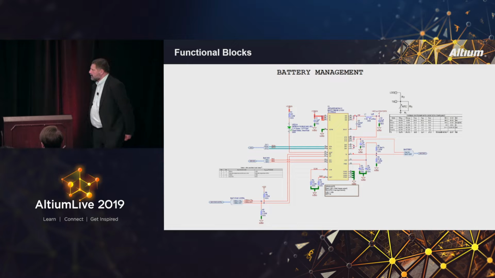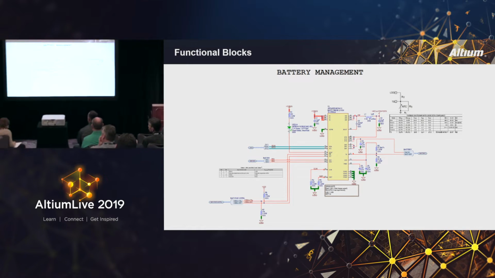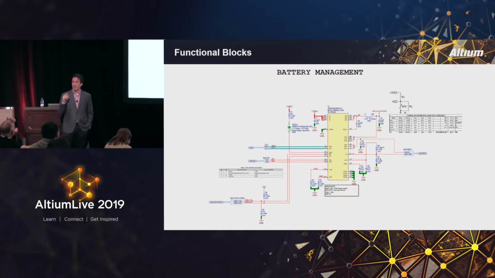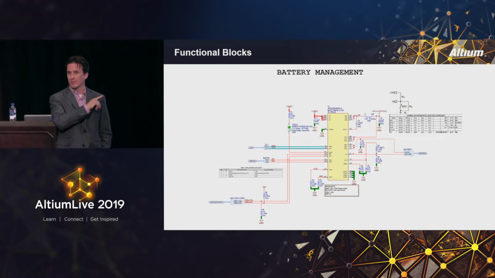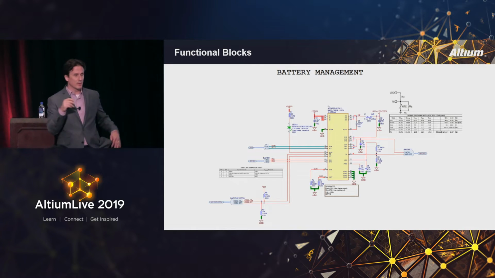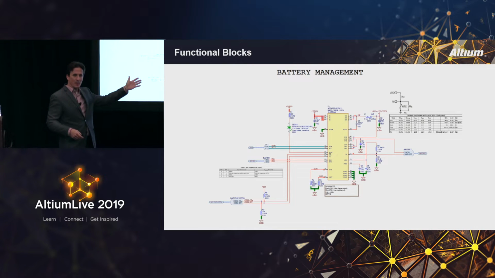Yeah, and just a couple of quick points I'd make on this. What I really like about functional blocks is it takes one data sheet to review the schematic. The engineer reviewing the schematic just has to open up the data sheet for this part.